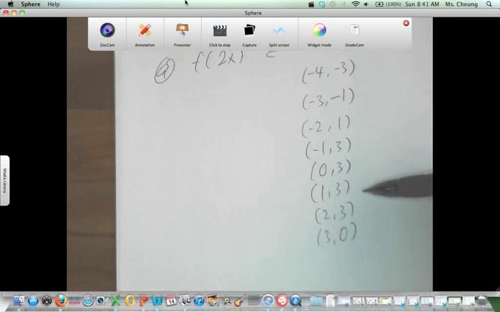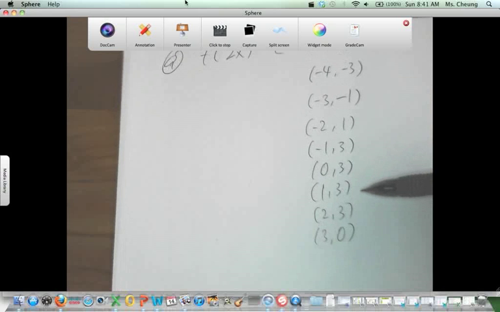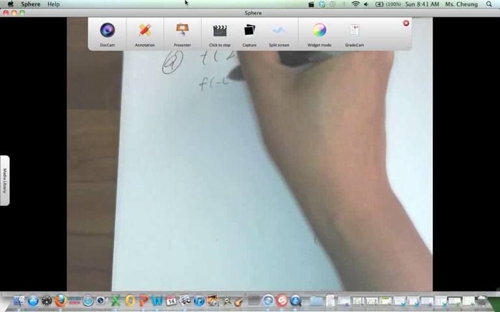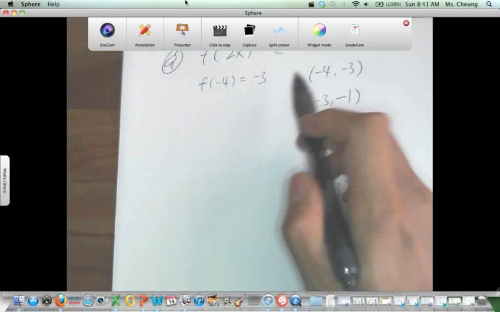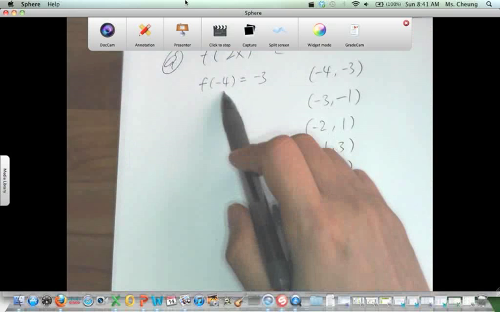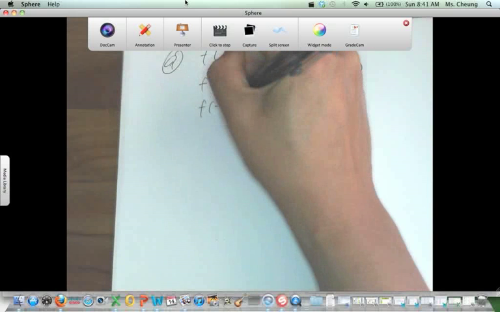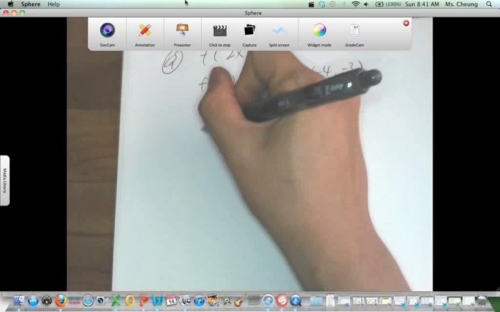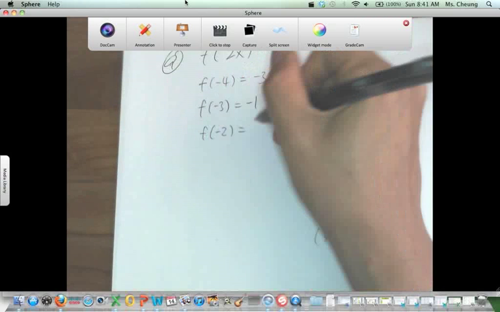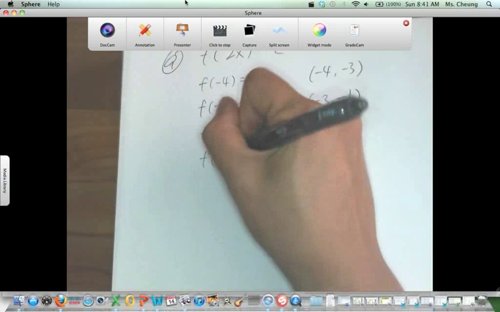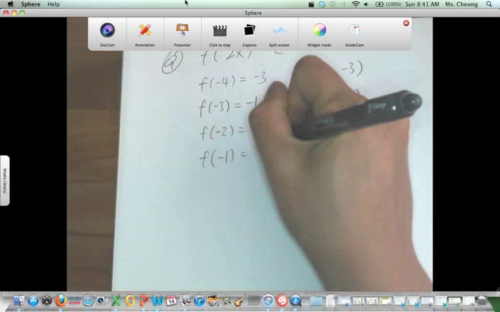Once you have the original points, you can write down f of -4 equals -3, so the input is -4 and the output is -3. F of -3 equals -1. F of -2 equals +1. F of -1 equals 3.